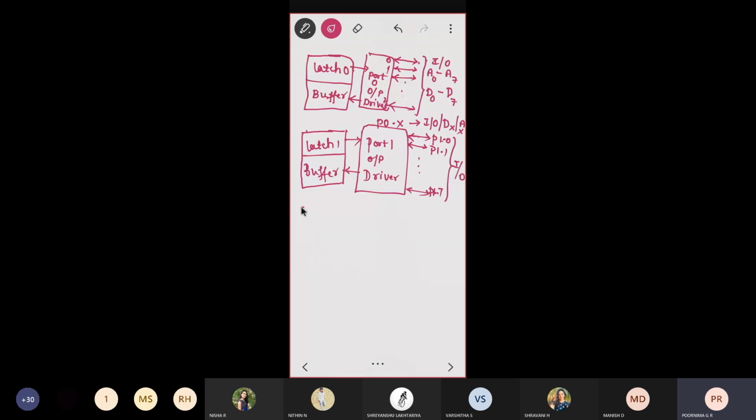If you go for the next port, which is the next port? Students, please talk. Which is the next port? Yes? Port 2, ma'am. Port 2. So you have here port 2. It should also have the output driver.